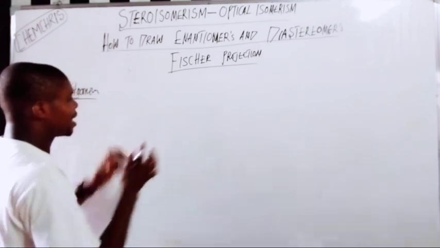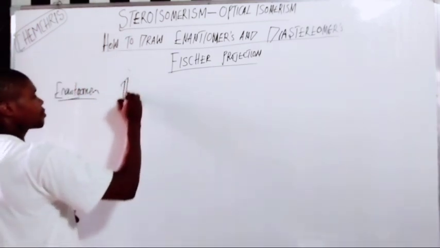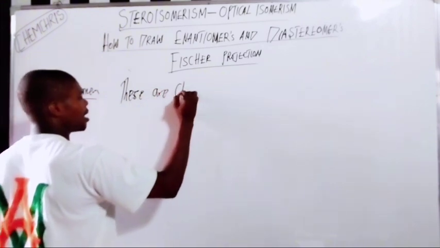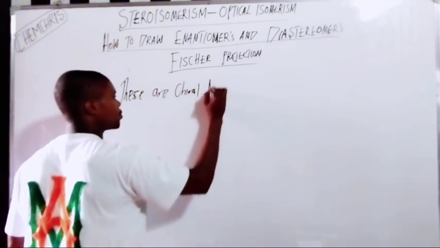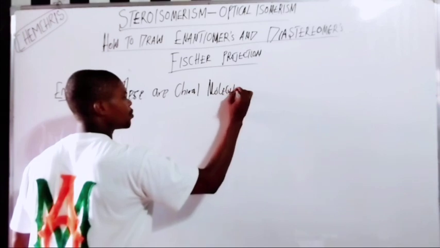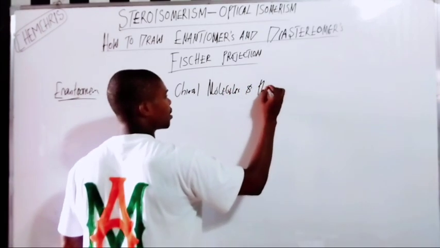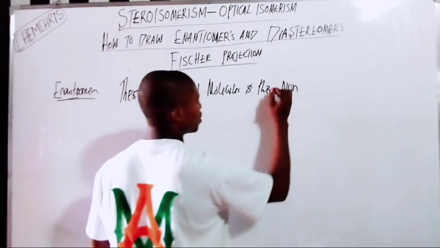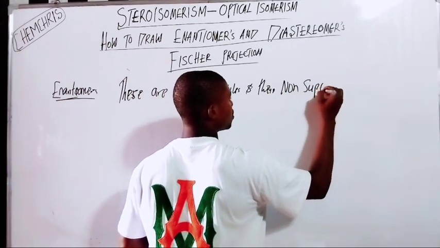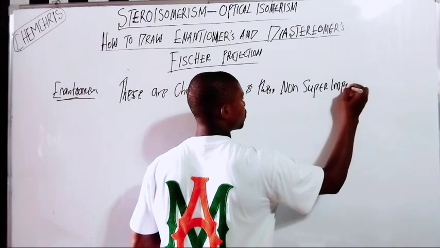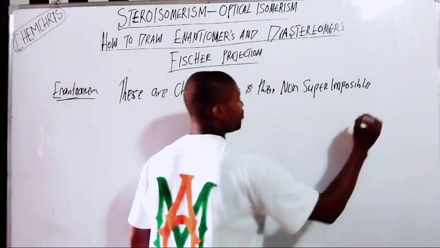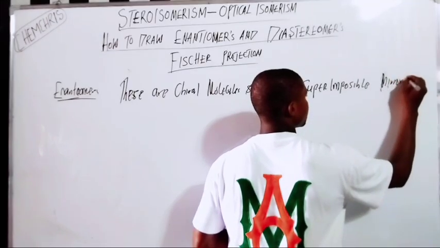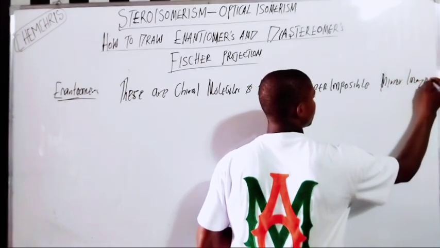So let me break it down here. I said these are chiral molecules and they are non-superimposable mirror images. Are you there?